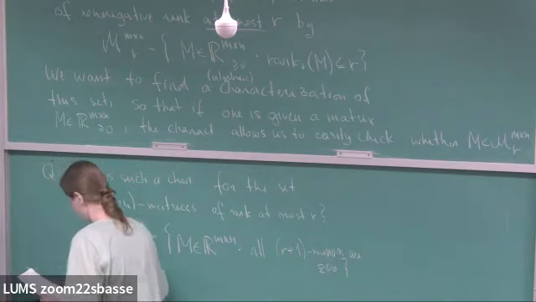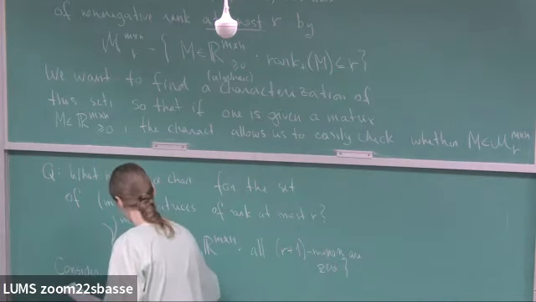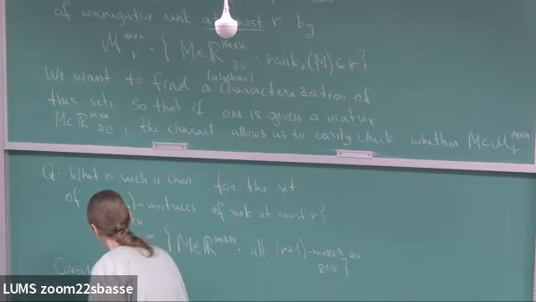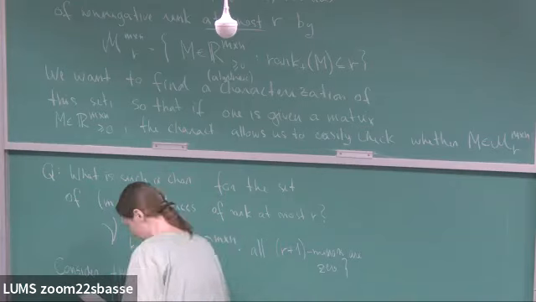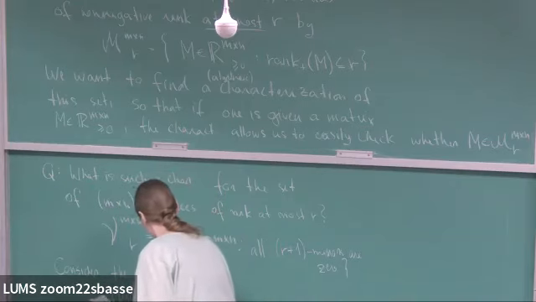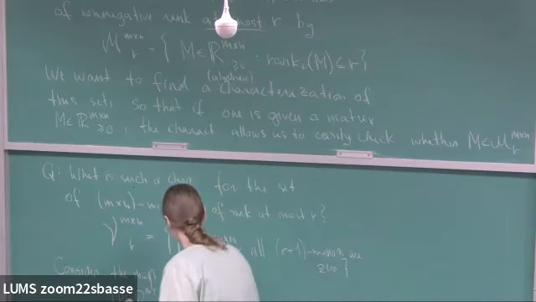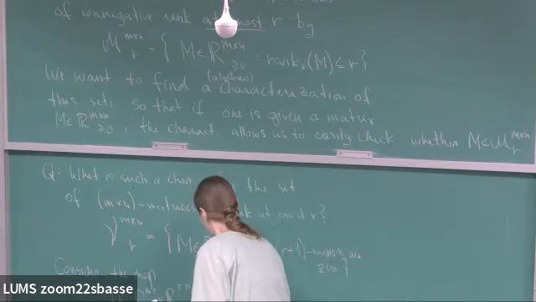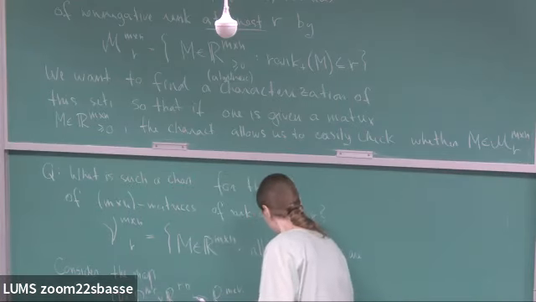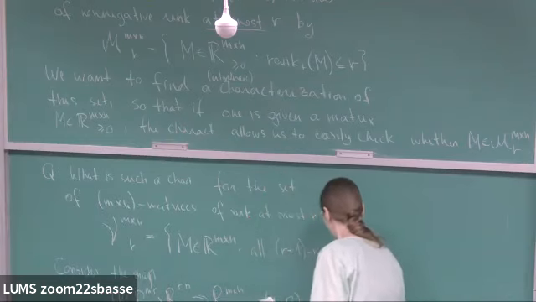So consider the map phi from R^(m times r) Cartesian product R^(r times n) to R^(m times n) that maps matrices A and B to their product.